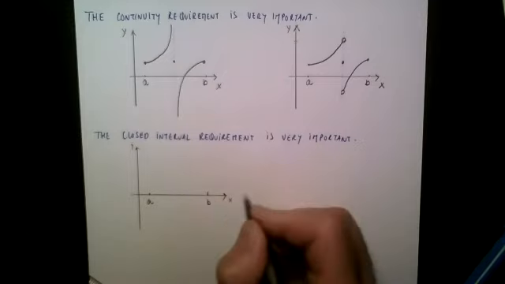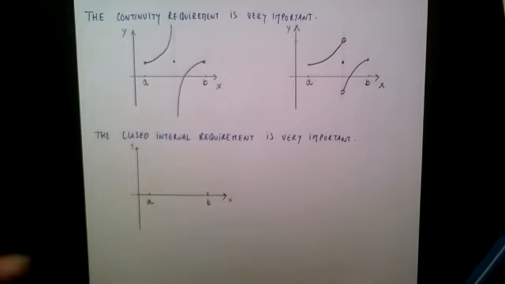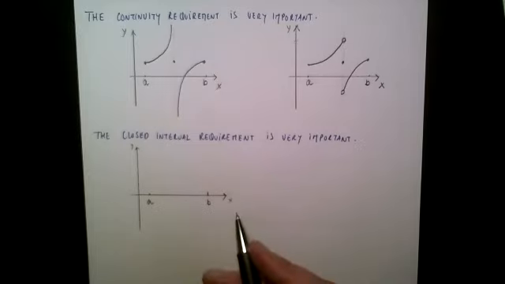So now the function, let's say, is continuous, but is defined on the interval AB, not including A, not including B. Can you give me a function for which it won't reach a maximum or a minimum, or both? Go ahead, I'm waiting, I'm listening.